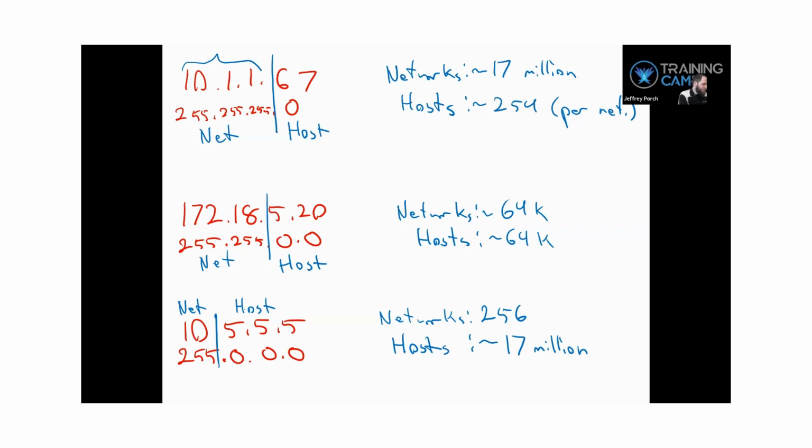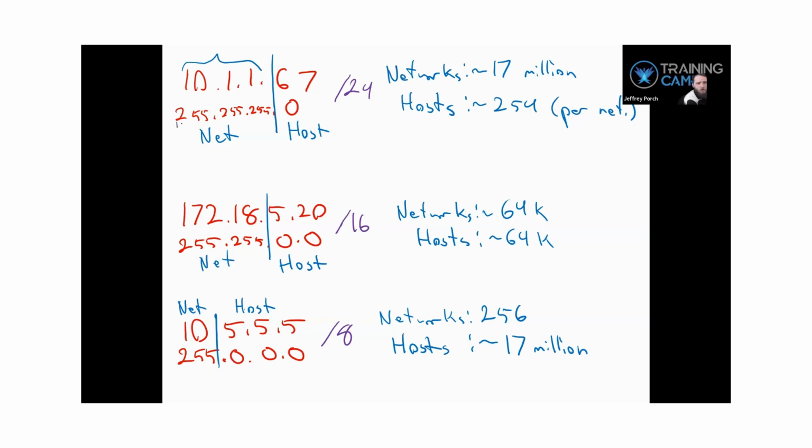Now, a couple things I do still want to add here. Again, that shorthand that I brought up earlier, seeing something like /24, /16, /8, this slash notation or CIDR notation, is basically shorthand by counting the number of bits.